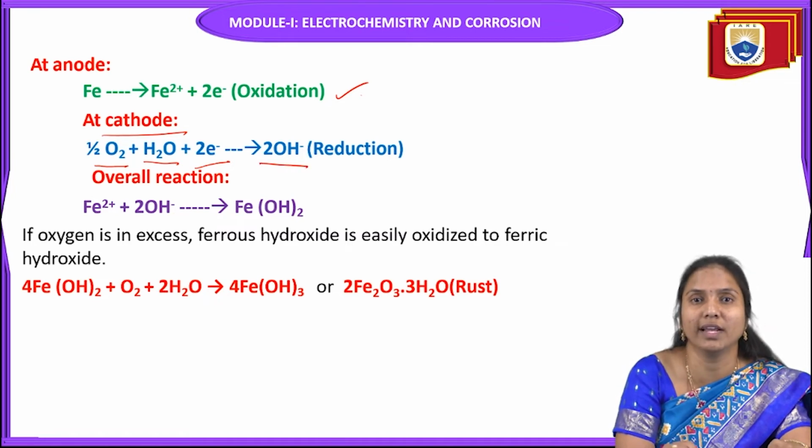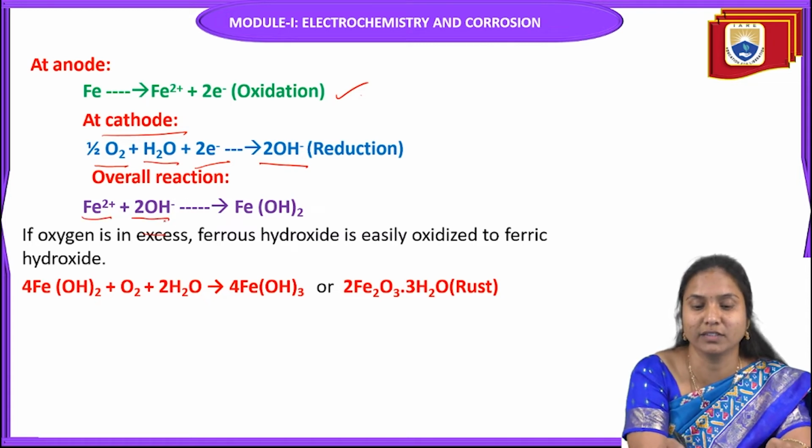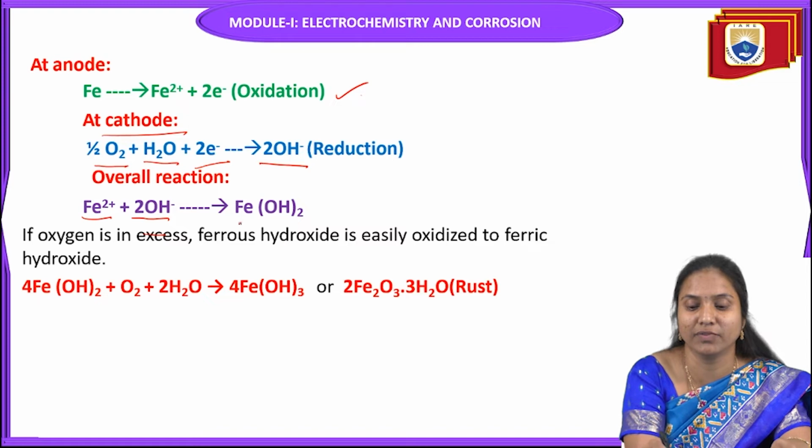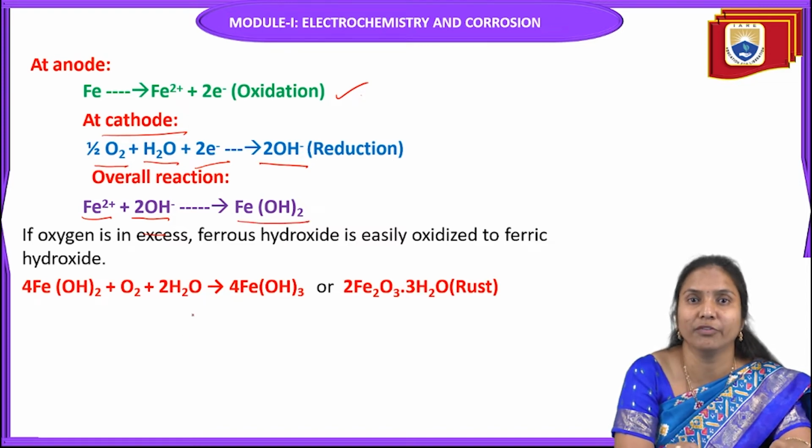So what is the overall reaction here? Fe2+ interacts with OH minus ions, and finally it gives Fe(OH)2. Ferrous hydroxide is formed.